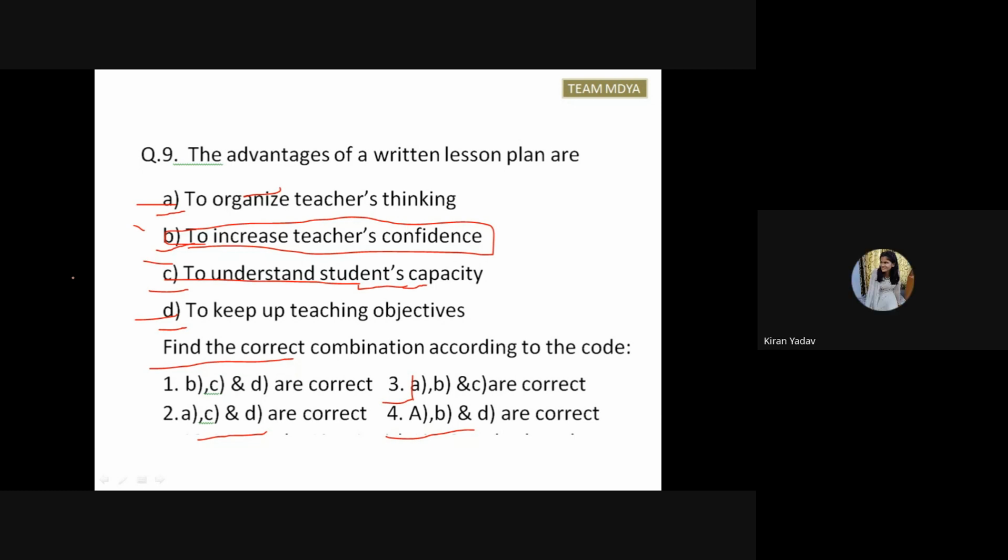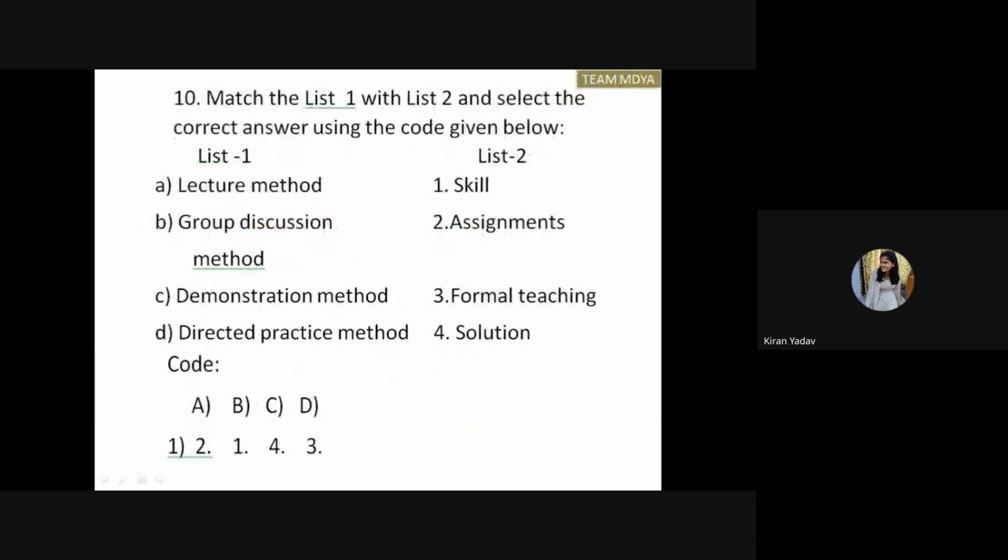Okay, then next is: match list 1 and list 2 and select the correct answer using the code given below. List 1: lecture method, group discussion method, demonstration method, directed practice method. In list 2, these are the options: skill, assignment, formal teaching, solution.